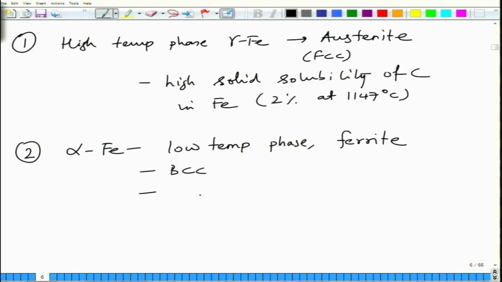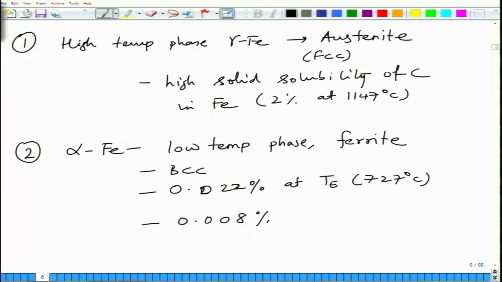The solid solubility of carbon in ferrite is about 0.022 or 0.025%, so about 0.02%, at the eutectoid temperature of 727 degree centigrade, and this goes down to roughly 0.008% at room temperature. So virtually pure iron does not contain any carbon at low temperature, but whatever carbon it has is sufficient to provide higher strength as compared to absolutely pure iron.